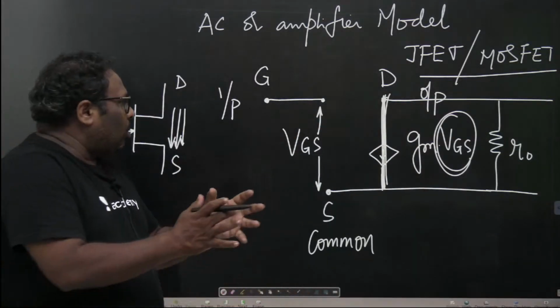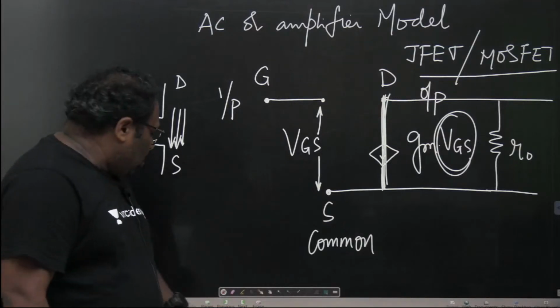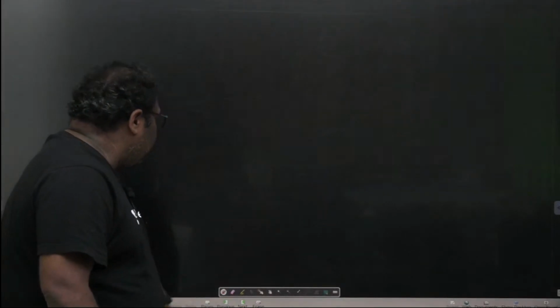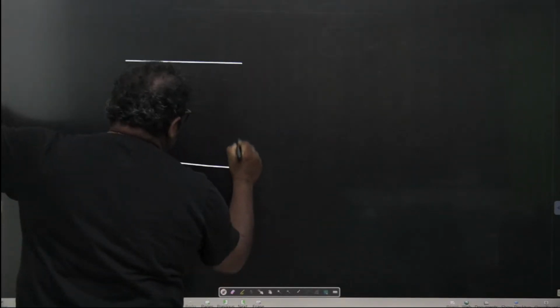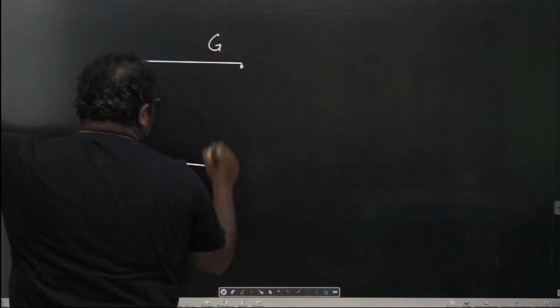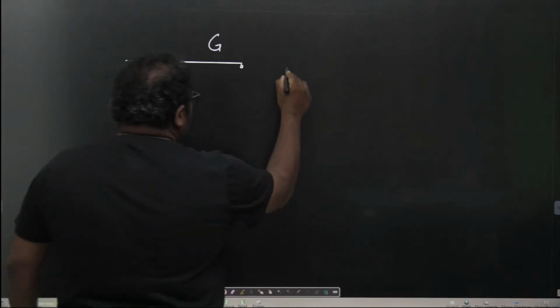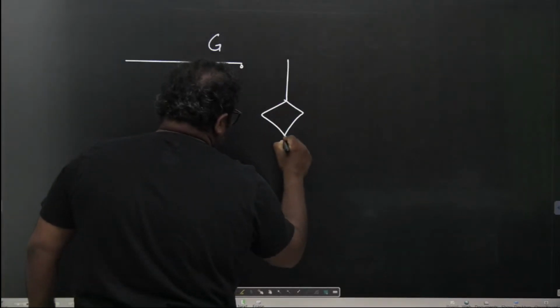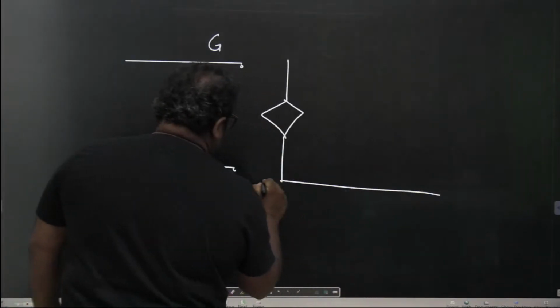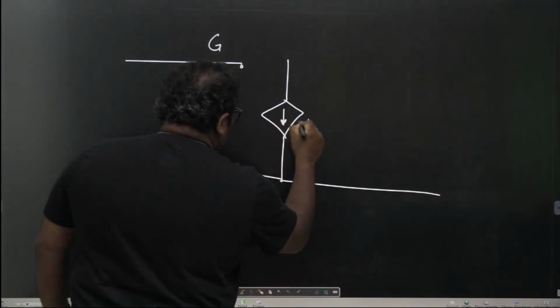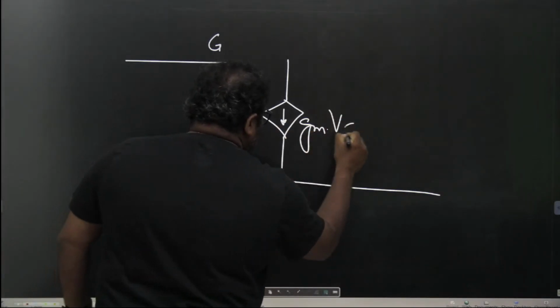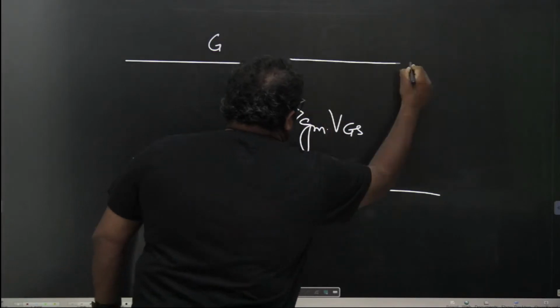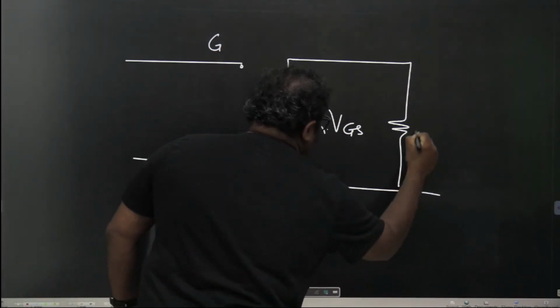This is how you draw the AC model. So the AC model ultimately looks to have an open circuit between the gate and the source, and a current source of gm into VGS with a finite resistance of R0.